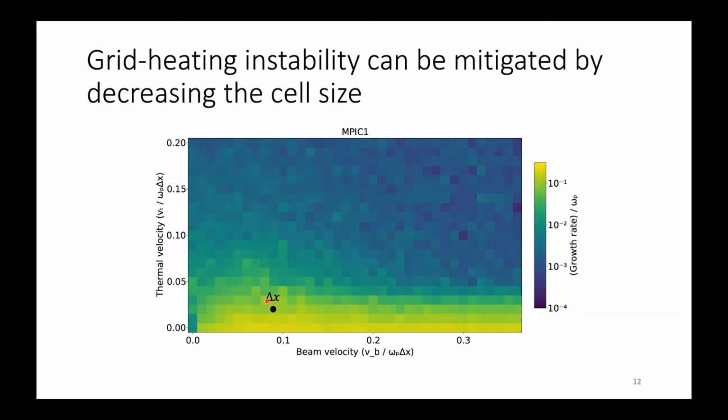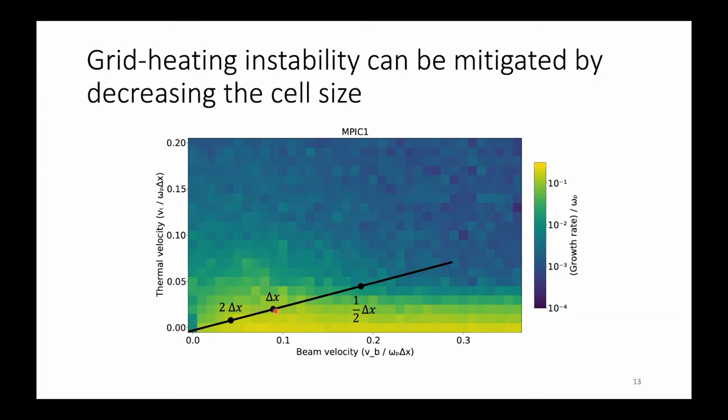Well, the thermal velocity and beam velocity are fixed by the physical problem that we want to simulate. And so is the plasma frequency. We can't change those without just giving up on this problem and basically choosing to simulate another. So the only knob we have to turn here is the grid cell spacing. And that constrains us to lie on this line here that passes through the origin.